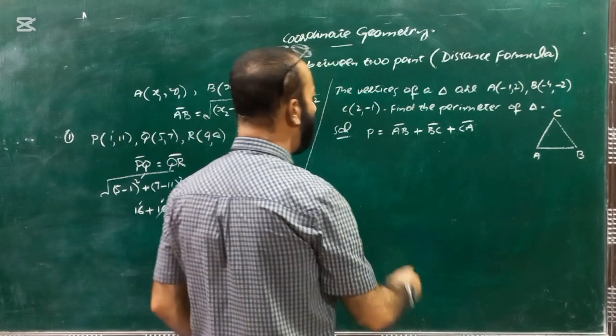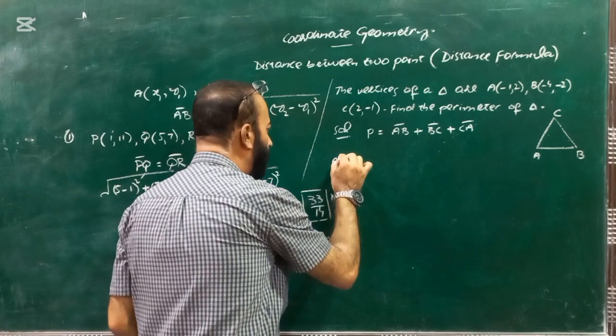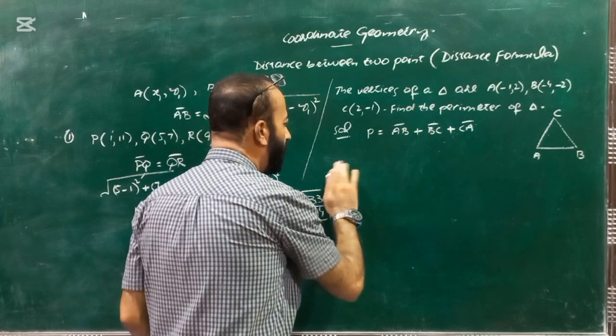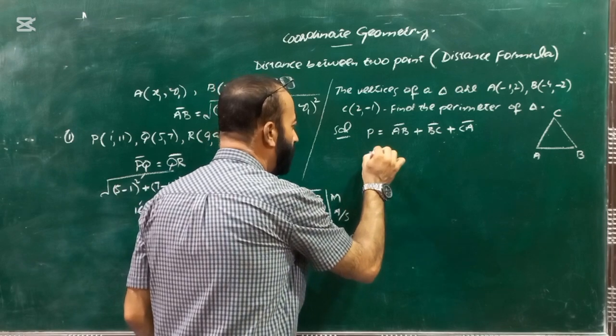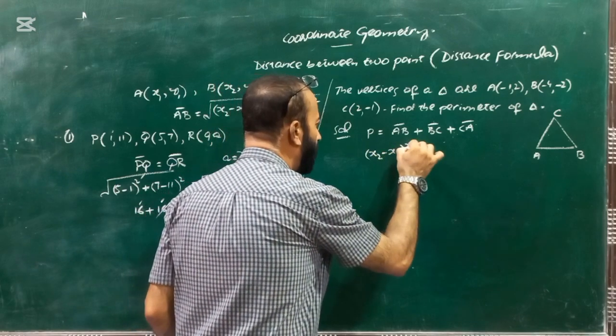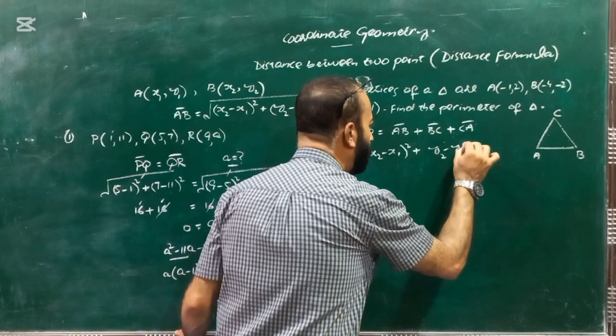So the method will be the same. First we will find the distance of AB. The same formula will be used. I'll write the formula first: the square root of (x2 minus x1) whole square plus (y2 minus y1) whole square.